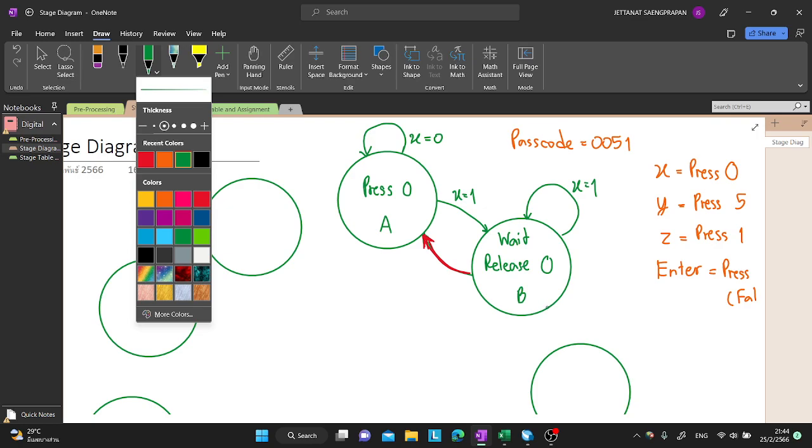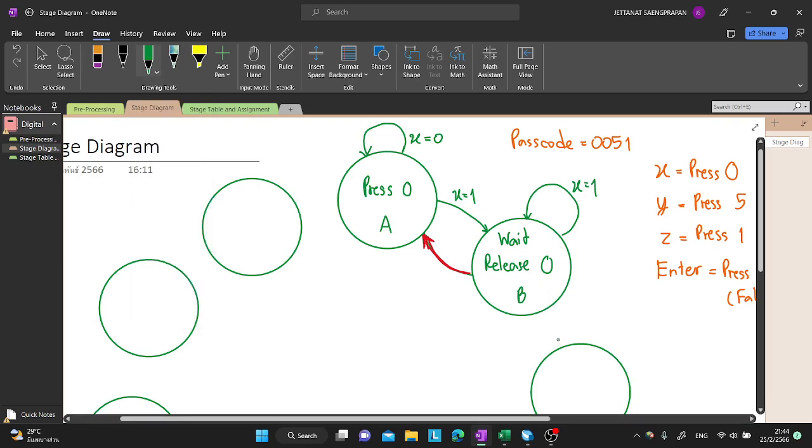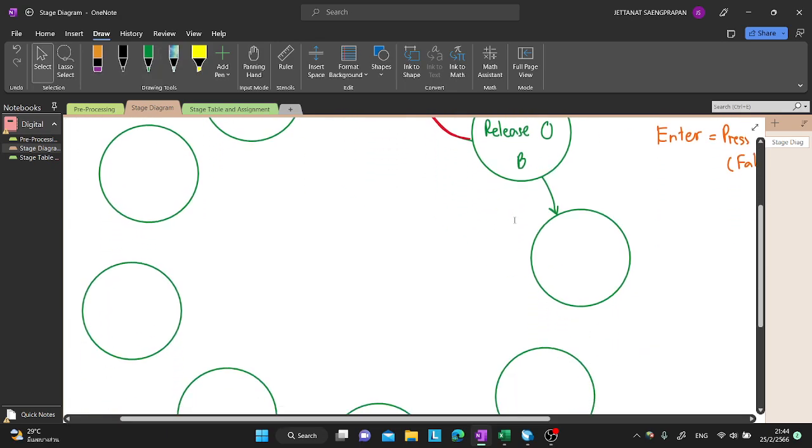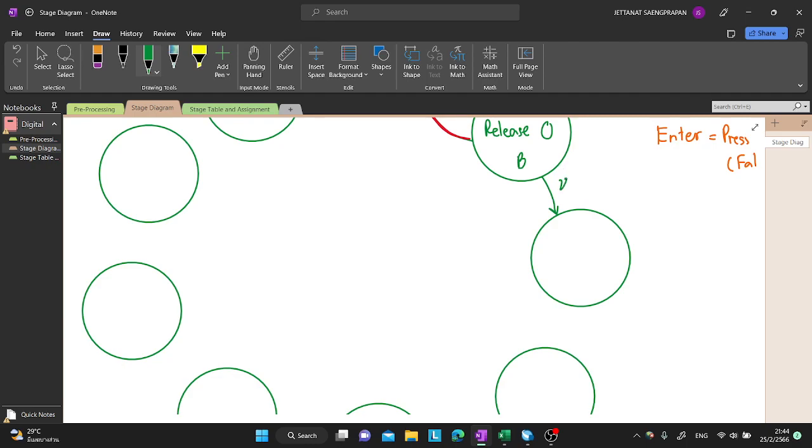The next state is state C, reached when I release the 0, which is x is 0. State C waits for the press of 0 again.